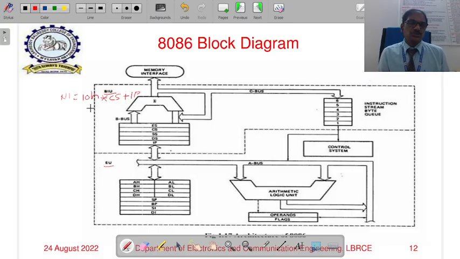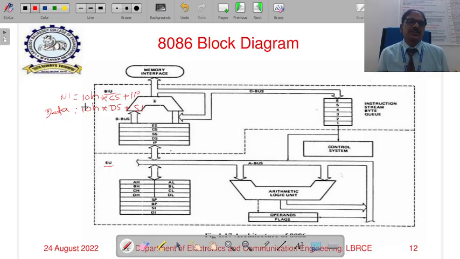And if data is to be read from the memory, then the memory address for the data is calculated. The address for data is calculated as 10H into the content of the data segment plus either SI, DI, BP, or any other register content.